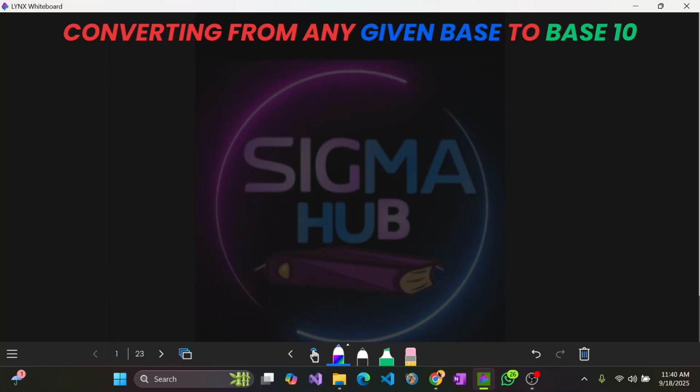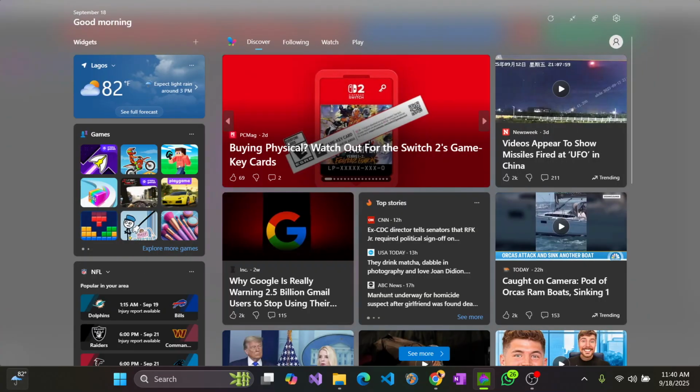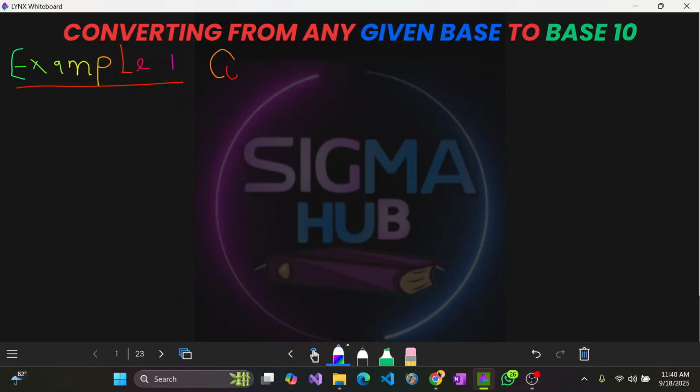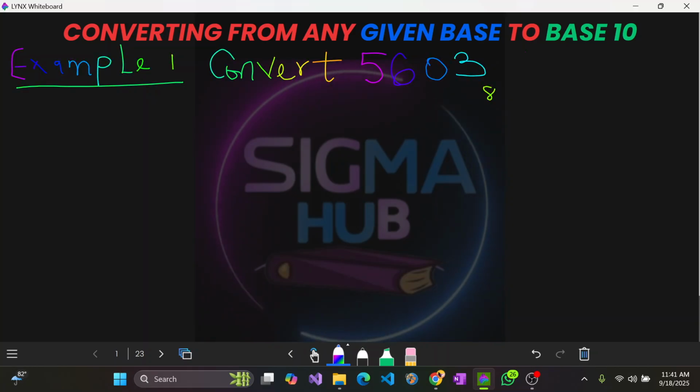The first example, example 1, says we should convert 5603 base 8, so you can see the base 8 written very tiny below as a subscript, to base 10.